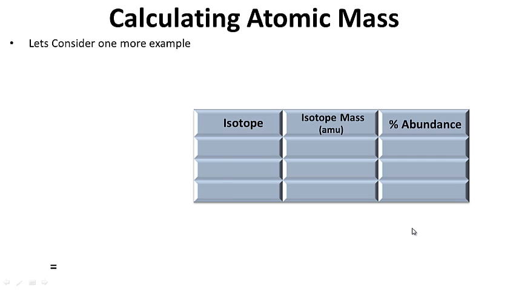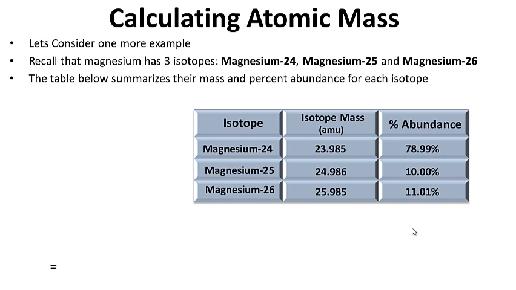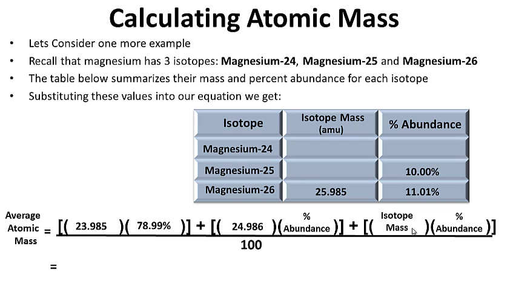Let's look at one more example. Recall that magnesium has three isotopes: magnesium-24, 25, and 26. The table below summarizes their mass and percent abundance for each isotope. Let's substitute these values into our equation. For magnesium-24, the isotopic mass is 23.985 and its percent abundance in nature is 78.99. Magnesium-25 is 24.986 multiplied by 10%.